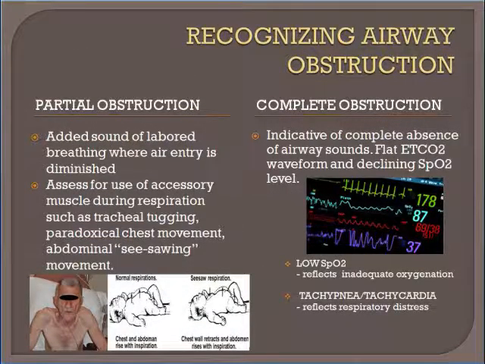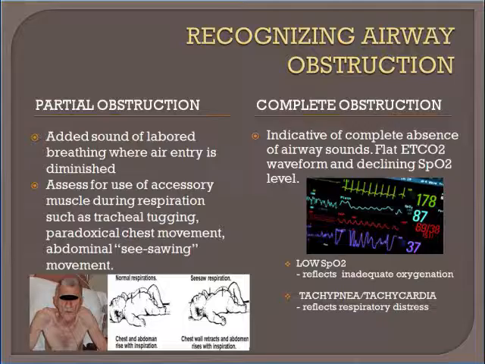Recognizing airway obstruction. The features suggestive of airway obstruction include partial obstruction or complete obstruction. If a patient is in partial obstruction, there is an added sound of labored breathing where air entry is diminished. Assess for use of accessory muscle during respiration, such as tracheal tugging, paradoxical chest movement, and abdominal seesawing movement.